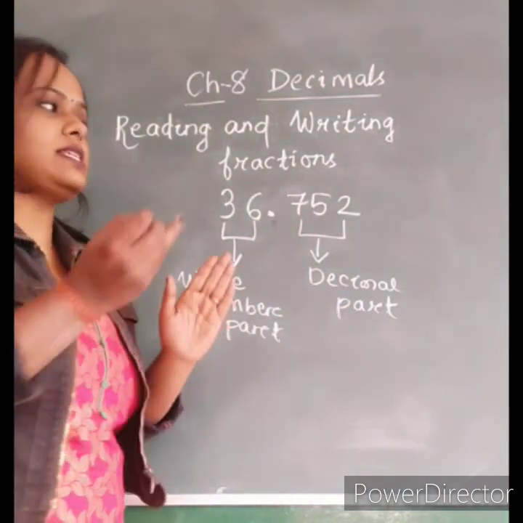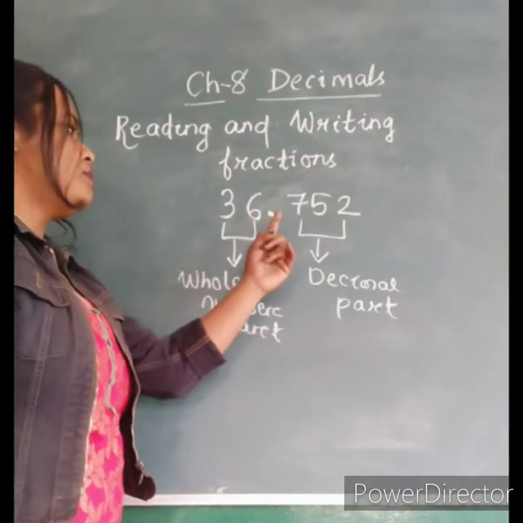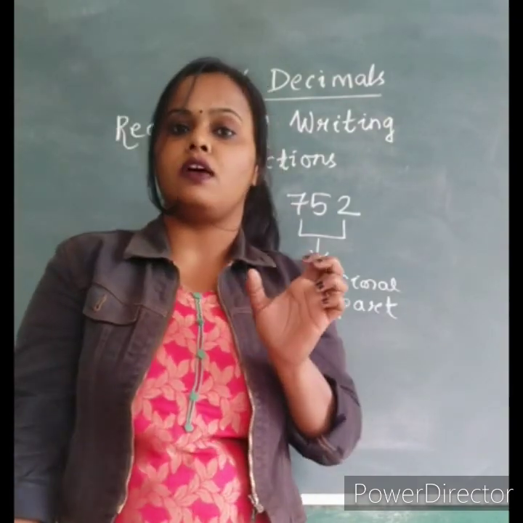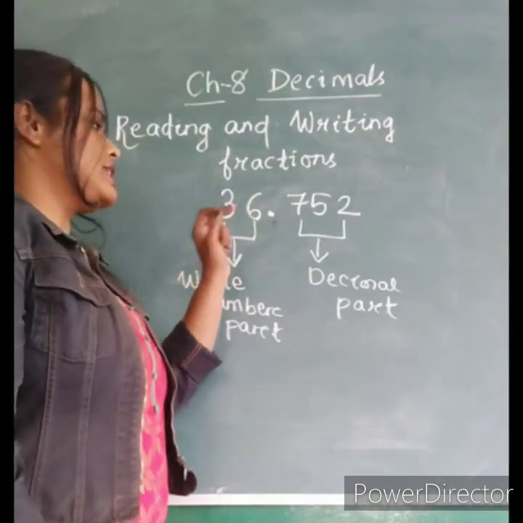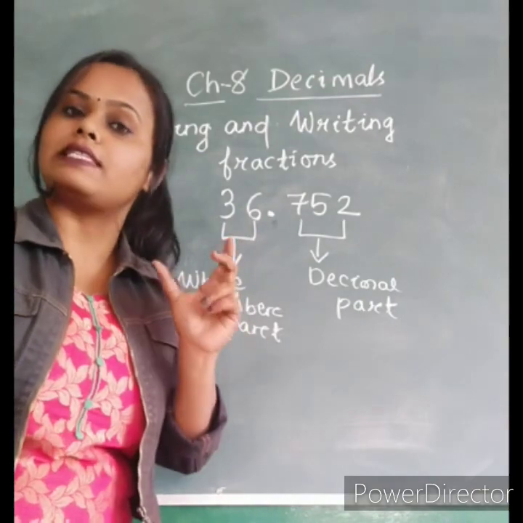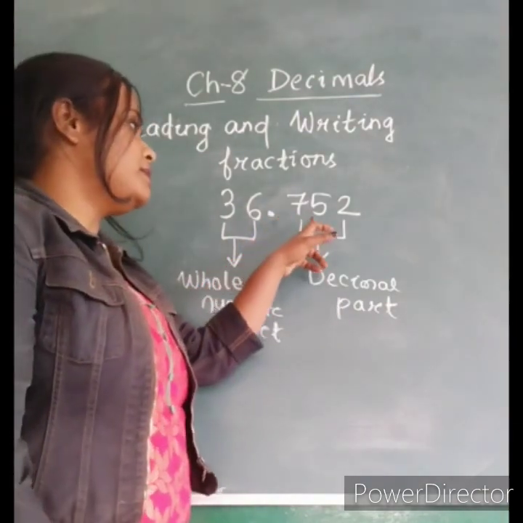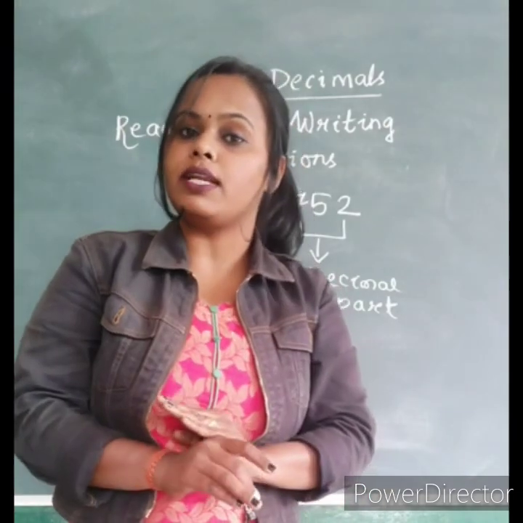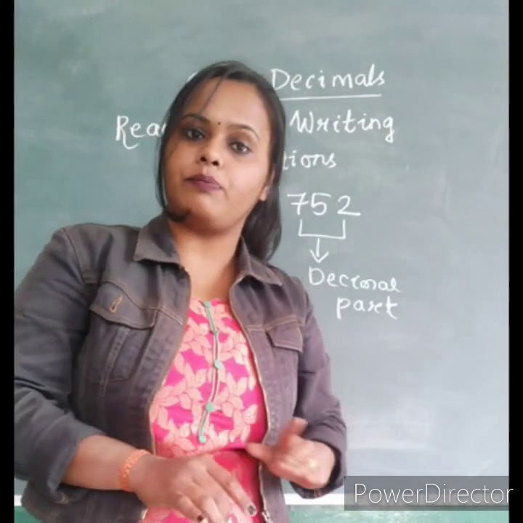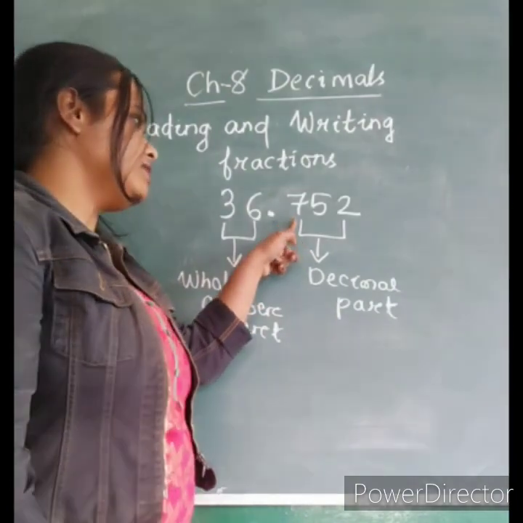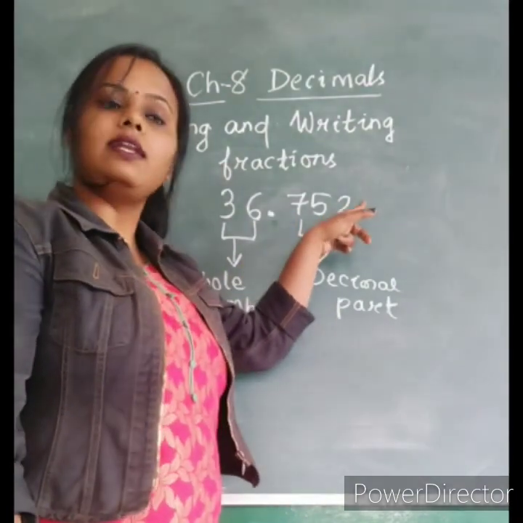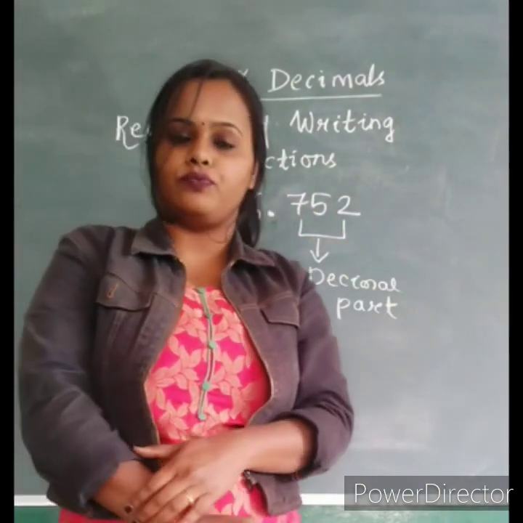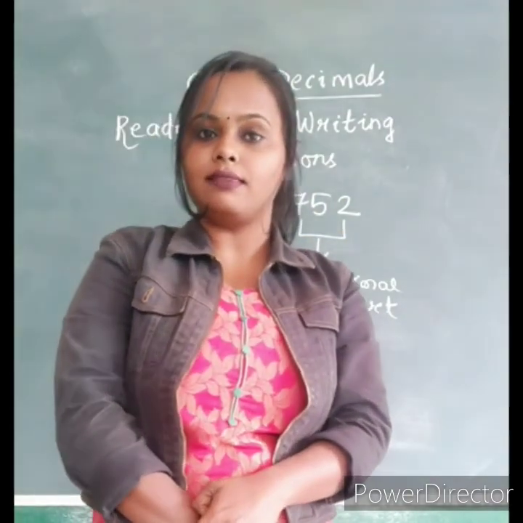This is how it is divided into 2 parts. The part before the point will be read in total. For example, here it is written 36, we will say it as 36. But the numbers after the point will be read separately, not together. All the digits will be read separately. For example, here it is written 7, 5 and 2. We will read it like this: 36.752. All the decimals will be read in this way.